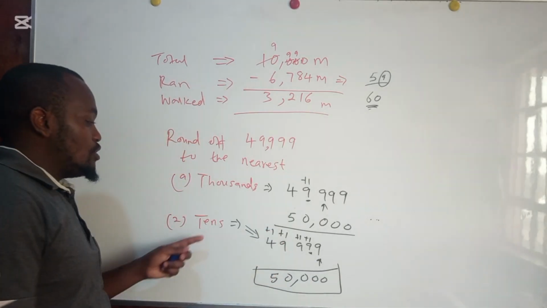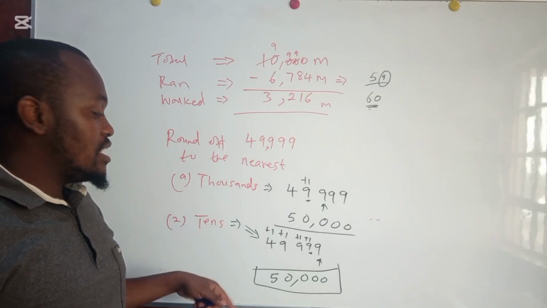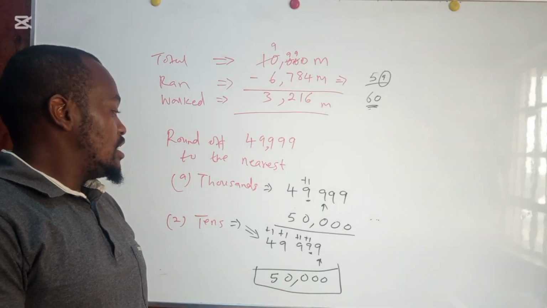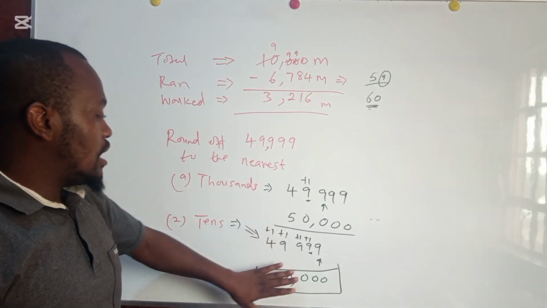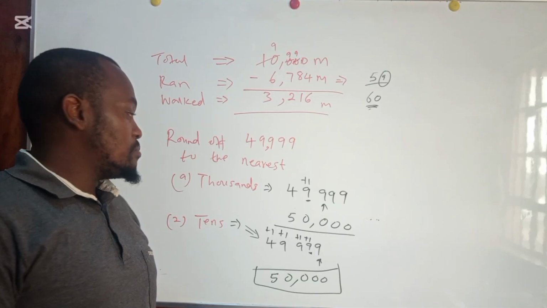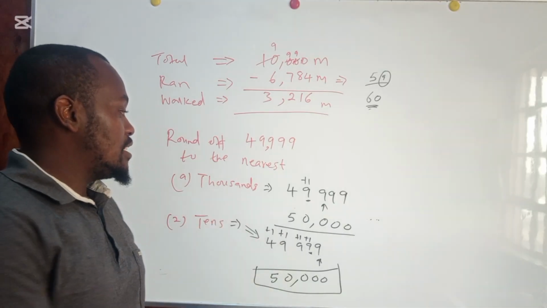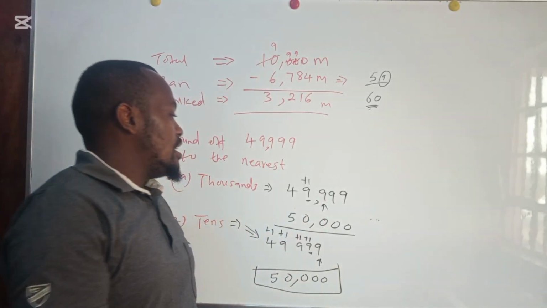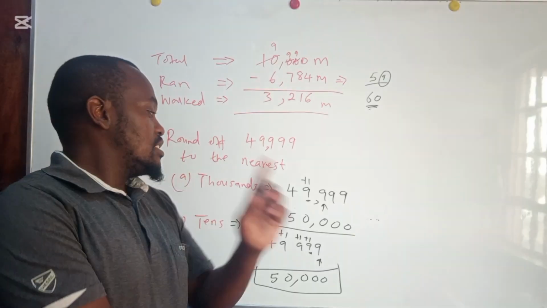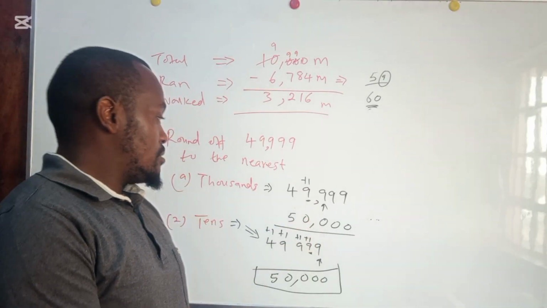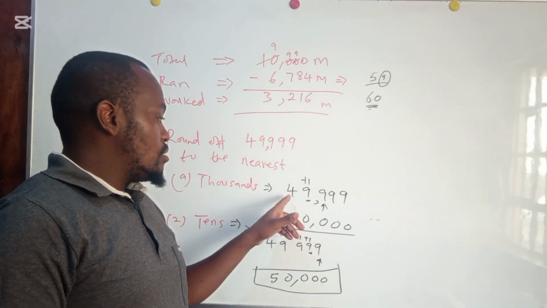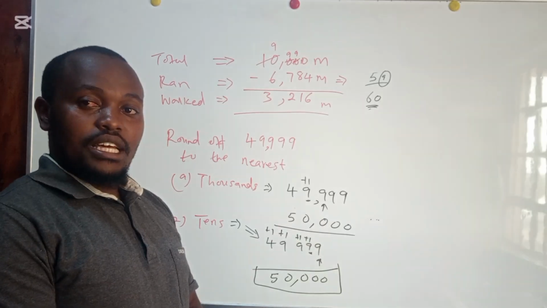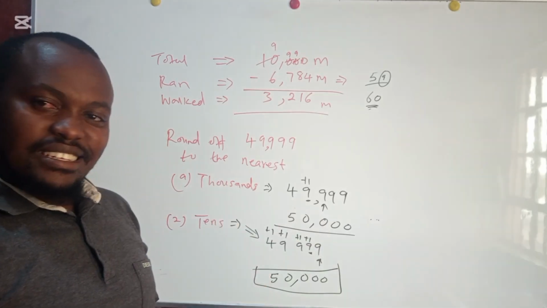Did you know that you have rounded off these to the nearest tens? Because if you read correctly, looking at these figures it could be confusing, but if you read correctly, this is actually 1 bob remaining for this to reach 50,000. So this is 49,999.